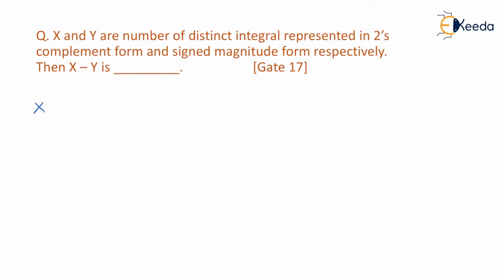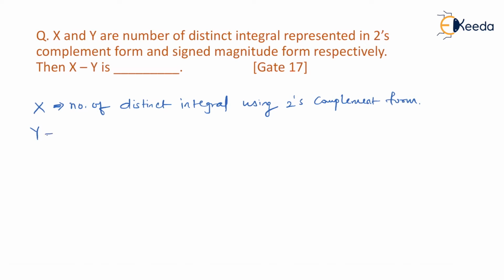By reading the question you will understand that x means the number of distinct integers using 2's complement form, and y is again the same formation, so I'm not going to write it again. So the number of distinct integers using sign magnitude form. SM stands for sign magnitude form. Then what is x minus y?